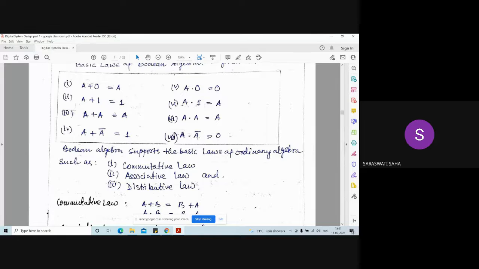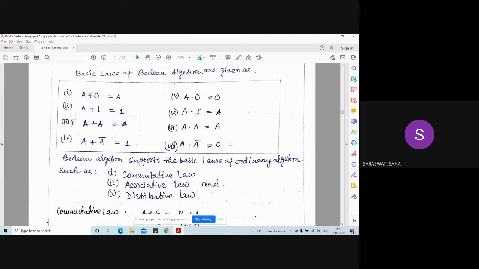So when you do the dot, if one input is 0 and another is 1, output will be 0. So A dot A bar is 0. These 4 laws for OR and these 4 for AND.